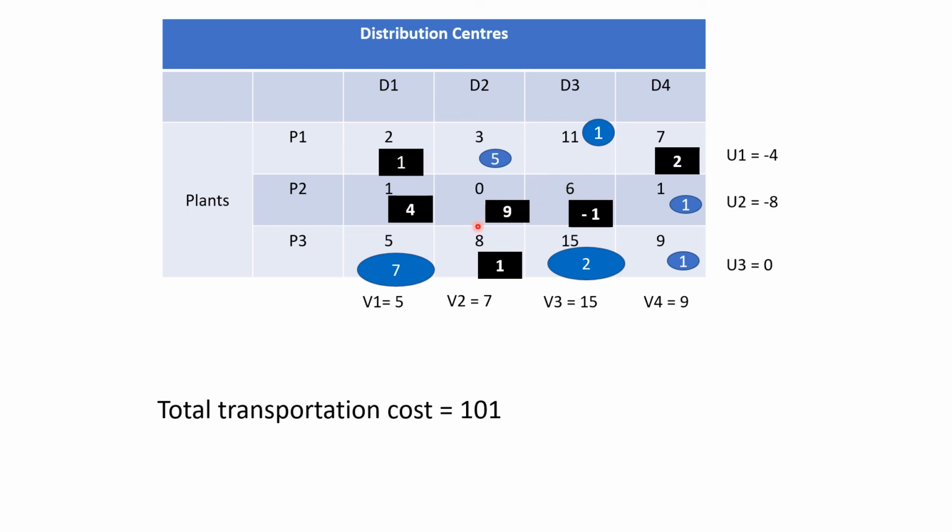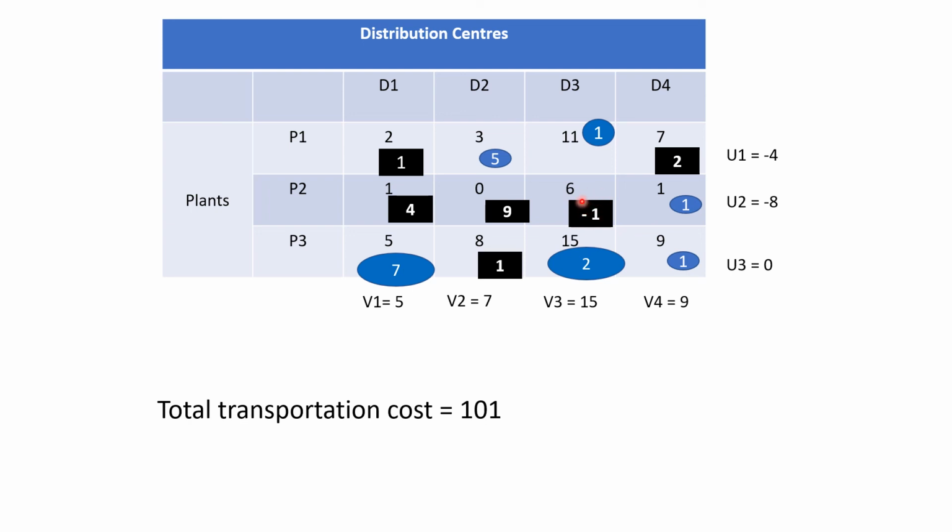So earlier the total transportation cost was 101, right? Now if we allocate 1 over here, then my total transportation cost will reduce by 1, that is 101 minus 1, that is 100. So this wants to come into my solution.